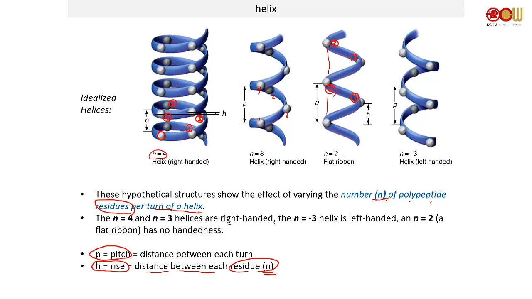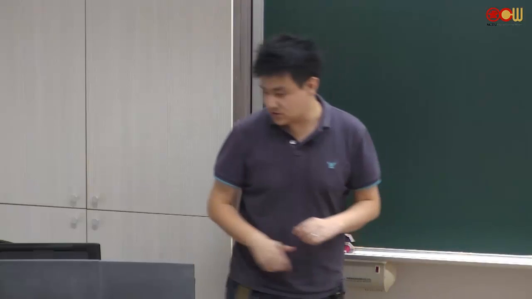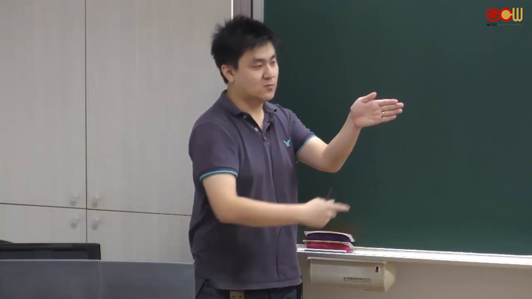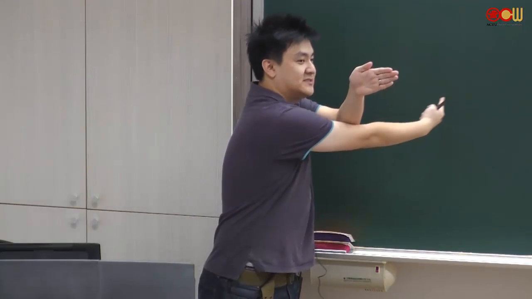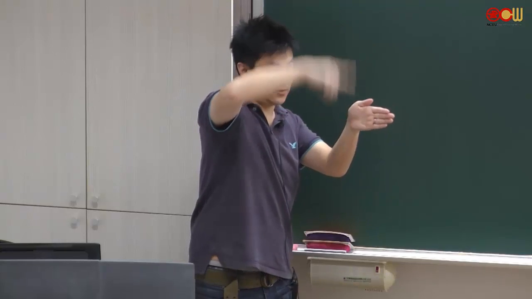That's how we say you have a helix, n equals 4, helix, n equals 3. As you can see, the larger the n, the smaller the pitch. That makes sense because the larger the n, the more distance. If you're thinking in terms of a plane, the more n you have, you can go in depth instead of going in the vertical direction.